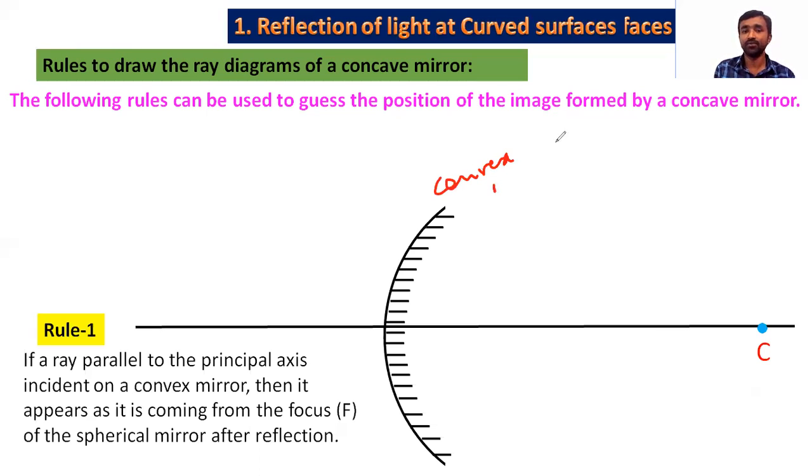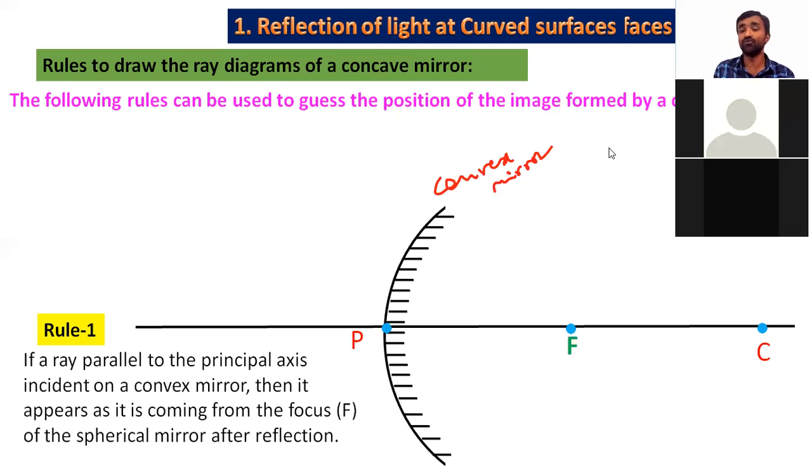Then what to do? Identify the pole and identify its focal point and center of curvature. Then can anyone tell me the difference between the convex mirror and concave mirror? What do you feel is the difference? Vikrant, Sricharan, Tejaswini, no response from you.